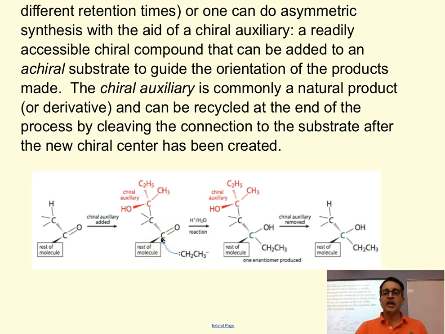When we have this particular addition, only one side was made. And then afterward, we can remove that auxiliary in order to regain the actual target molecule that we wanted to get. The chiral auxiliary can be recycled, but the most important thing is that we have made enantiomerically pure only one of those products that we want. So that's going to be very important.